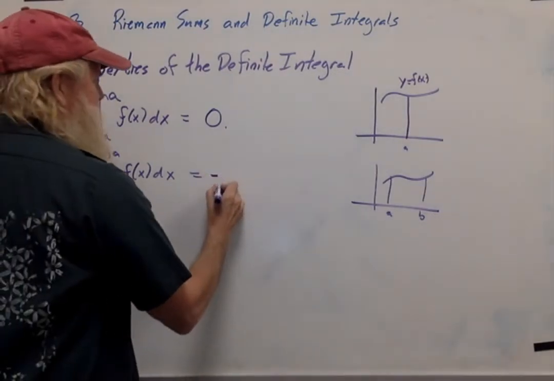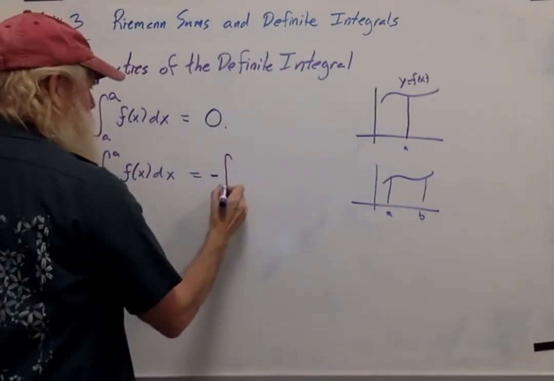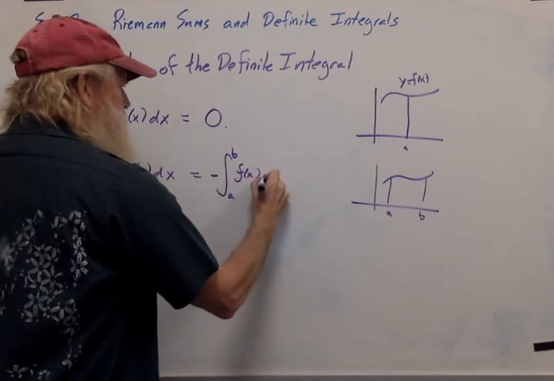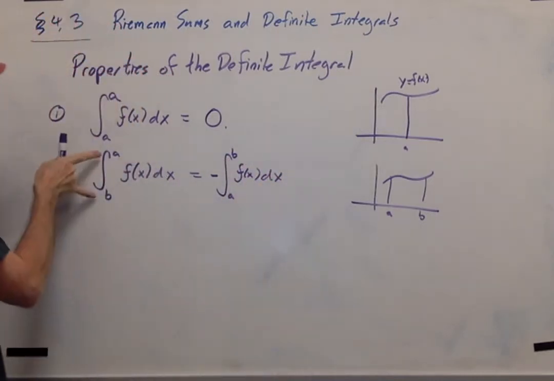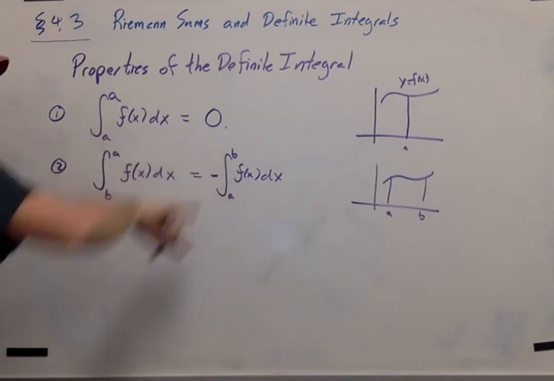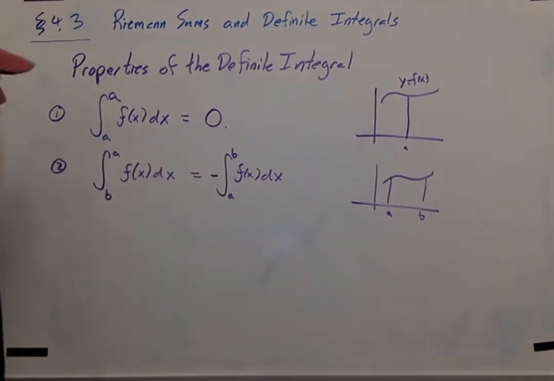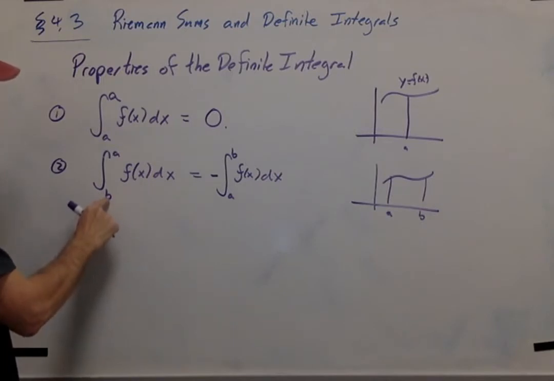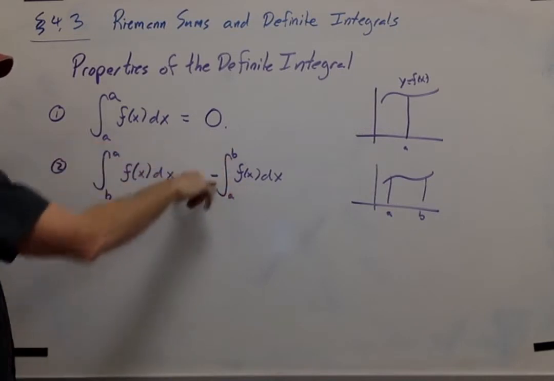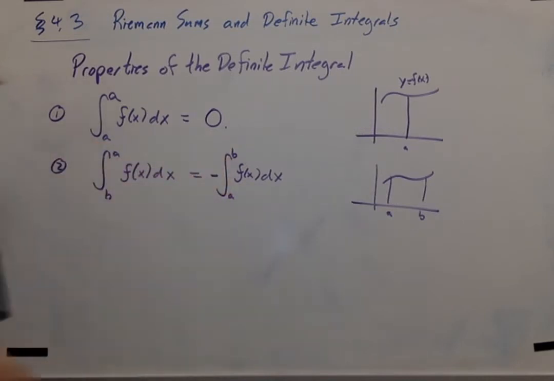What that does is it reverses the value of the integral. So the integral from b to a of a function is the opposite of the integral from a to b. So if you see something odd looking like a 3 on the bottom and a 1 on the top, feel free to swap the 3 and the 1 and just put a minus sign in front.